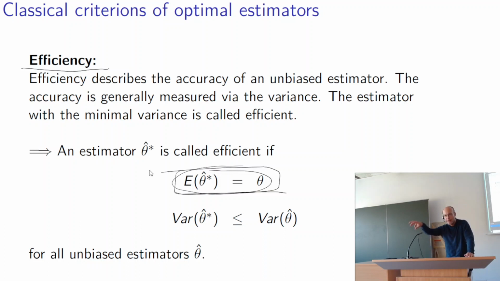And then I look at every calculated estimator, calculate the variance of all these estimators, and just pick out the estimator which has the lowest variance. And then I call this estimator efficient. So unbiasedness and efficiency.